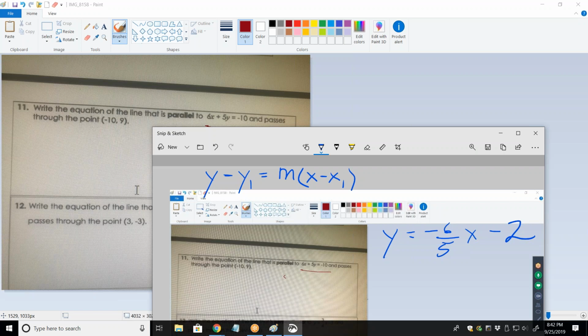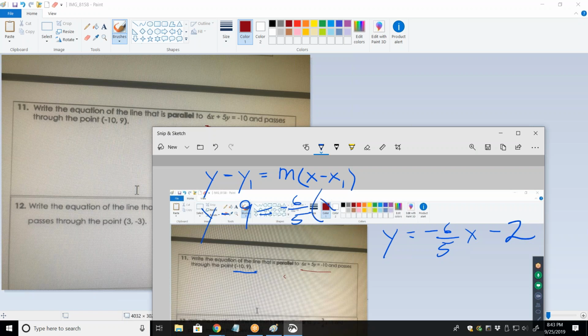So what do I get? I get y. What's my y point? Here's my point. What's y sub 1? 9. Okay. Equals, we know what the slope is.